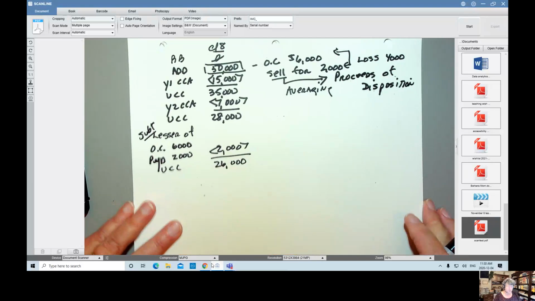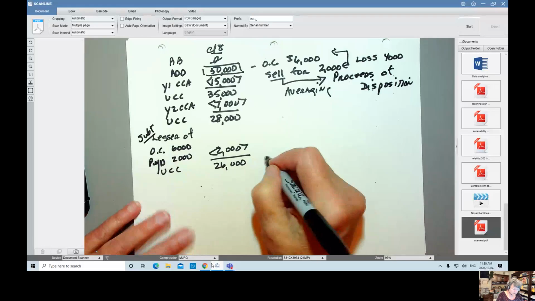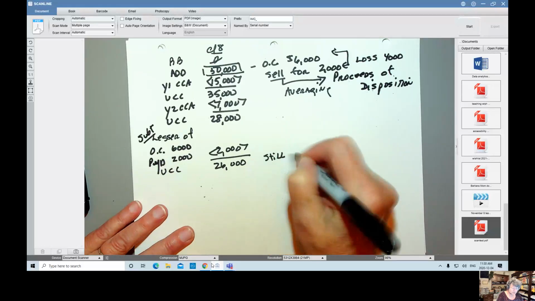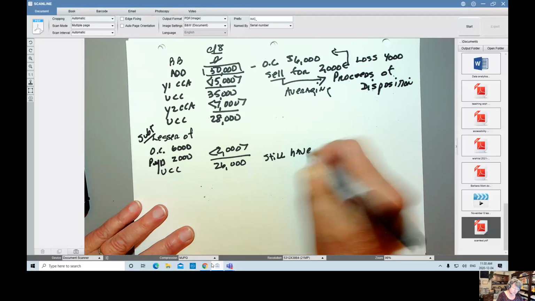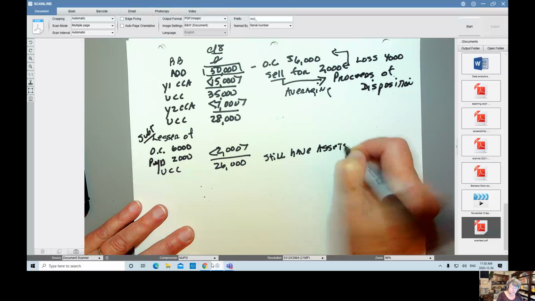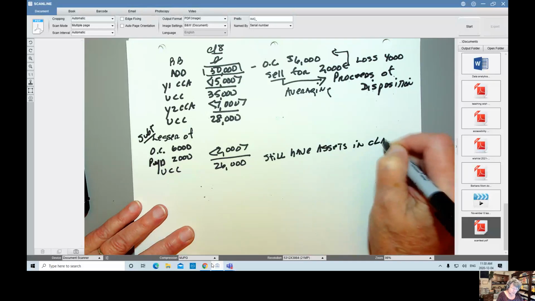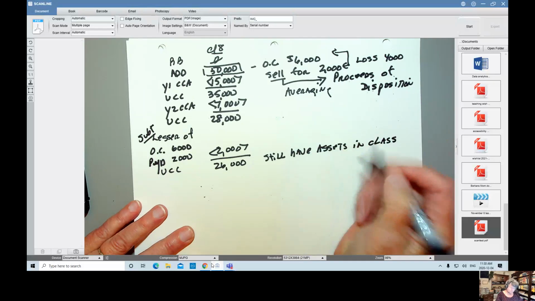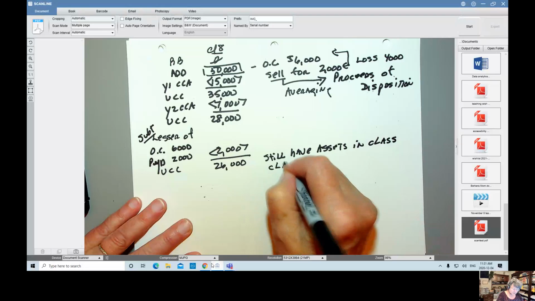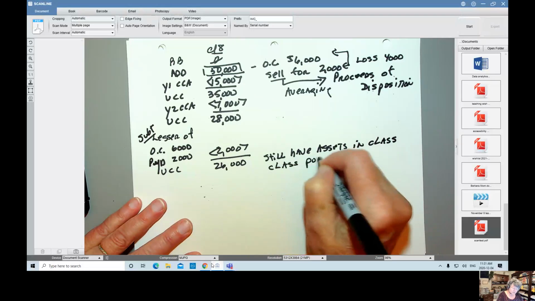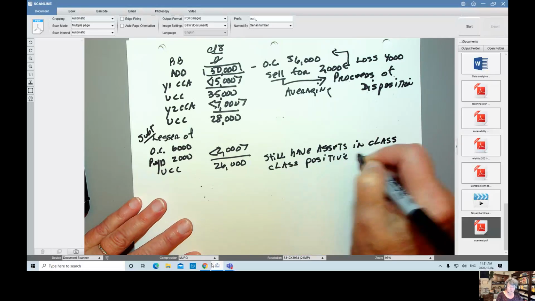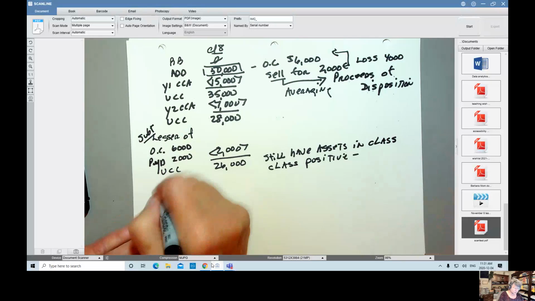Okay, so because I've still got assets in the class, and the class is positive, then I just keep taking normal CCA.